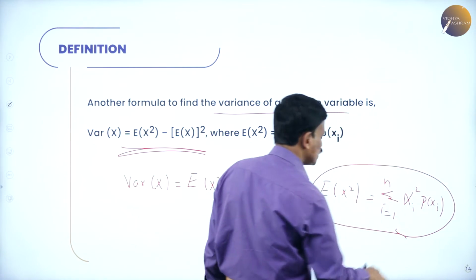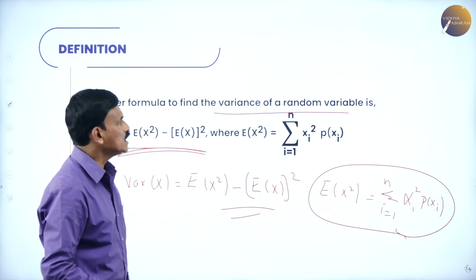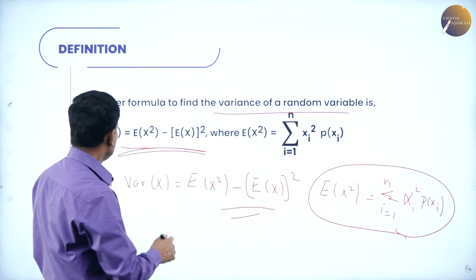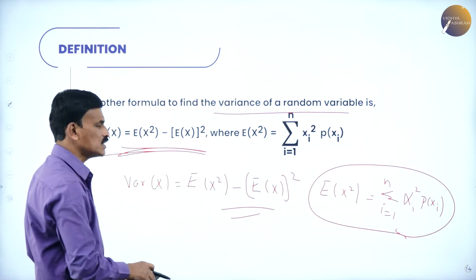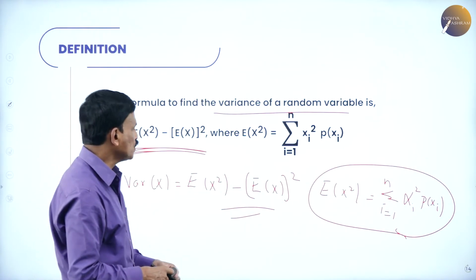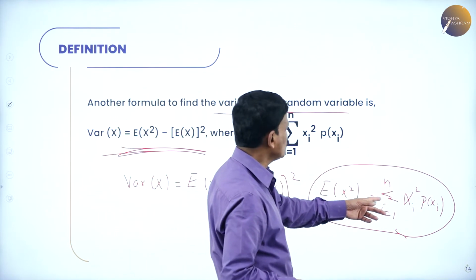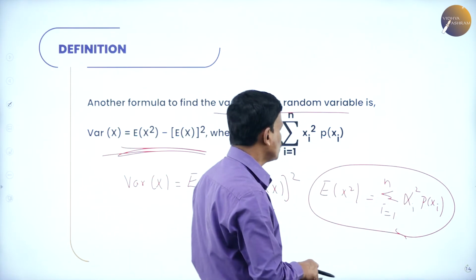So to find the variance of the random variable, we are going to use variance of x equals E of x square minus (E of x) whole square, where E of x square is nothing but summation i equals 1 to n of xi whole square into p of xi.